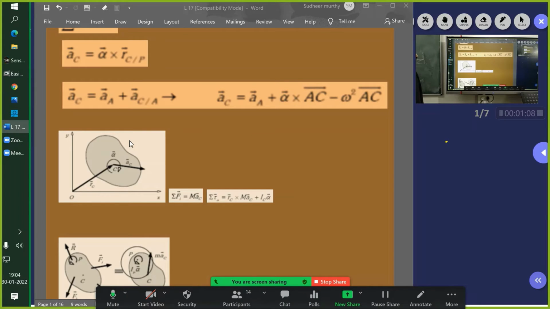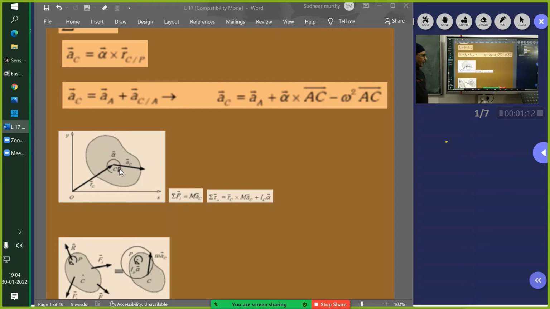As I told you yesterday, because of this net force, which is the vectorial addition of many forces acting at different points, the distributed forces will give rise to this vector. Which vector? IC into alpha.